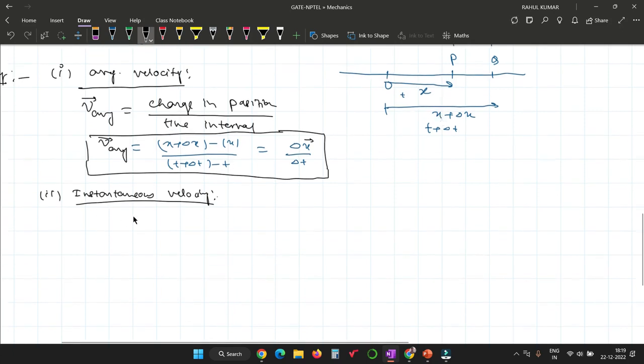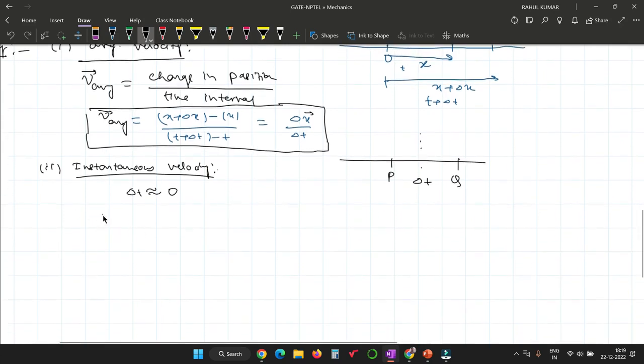If I try to reduce delta t, suppose point P is here and point Q is here, with time interval delta t between them. You cannot literally reduce the time to nothing, but if P and Q are very close, they will come closer and closer. So there will be a point when P and Q coincide, and at that point delta t becomes 0.